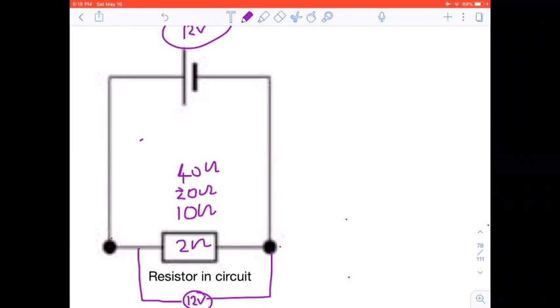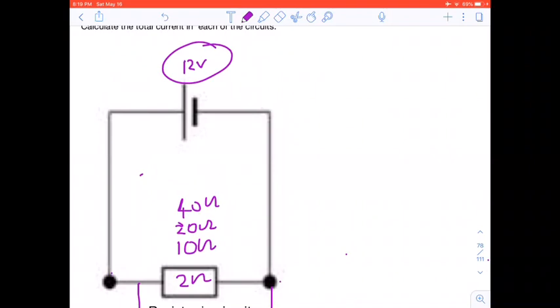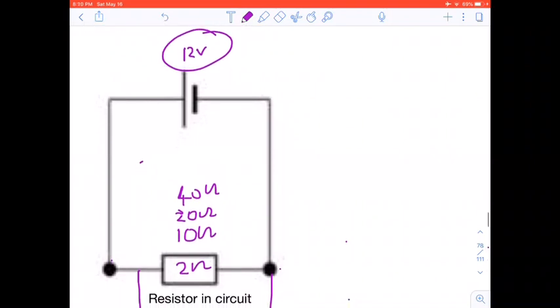So when the resistor is connected across the battery, the voltage the resistor has is the same as the voltage of that battery.